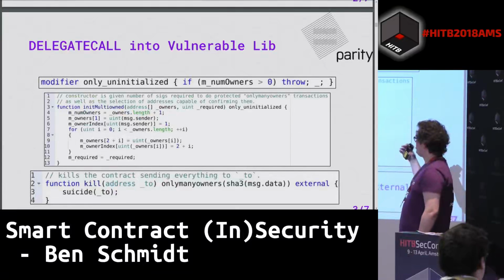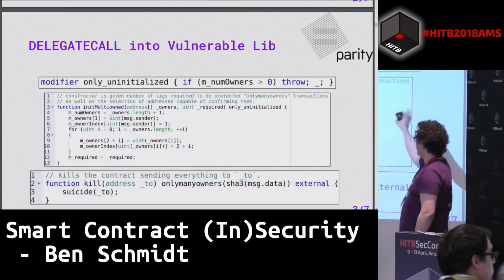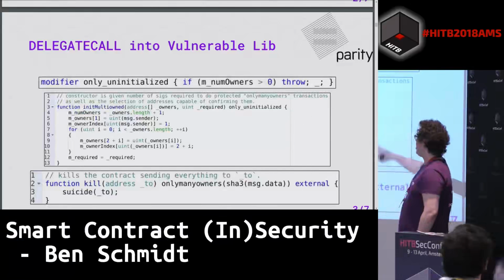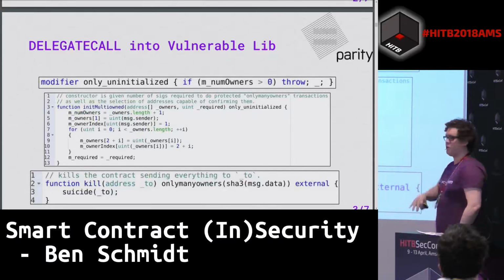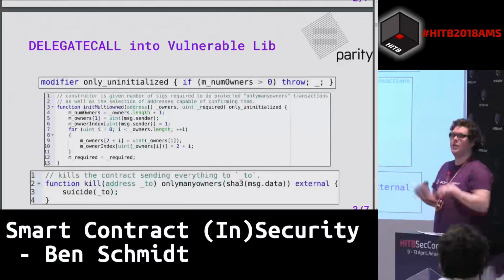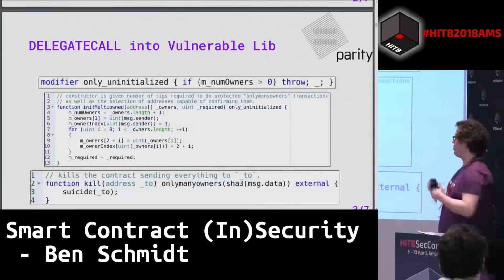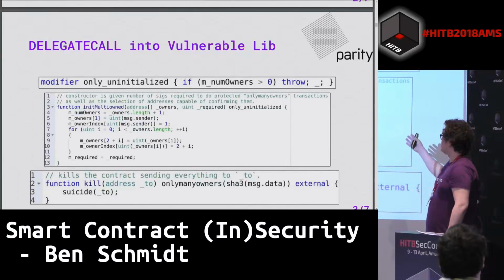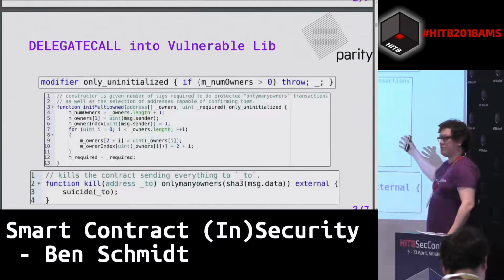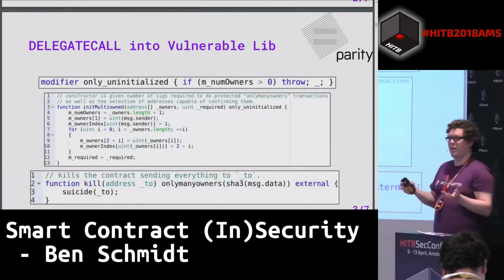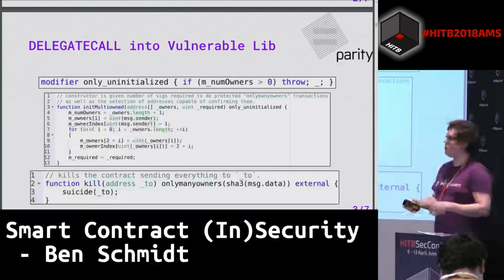You can add various modifiers to functions that describe when you can call it, constraints on whether certain people can call it, and certain times when it can be called, things like that. In this case, this function was not supposed to be called if the contract had not been initialized yet.